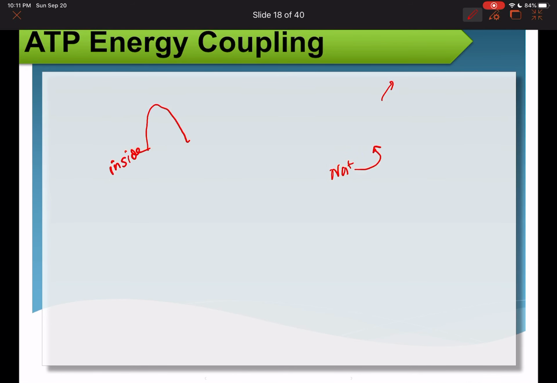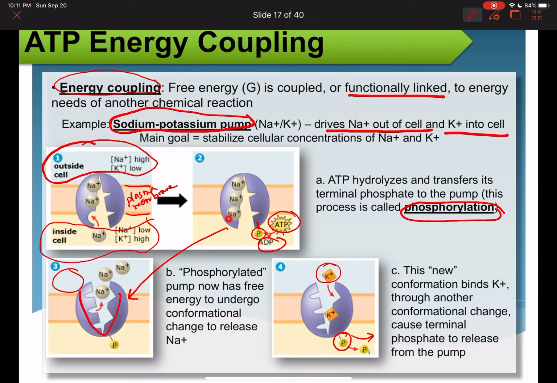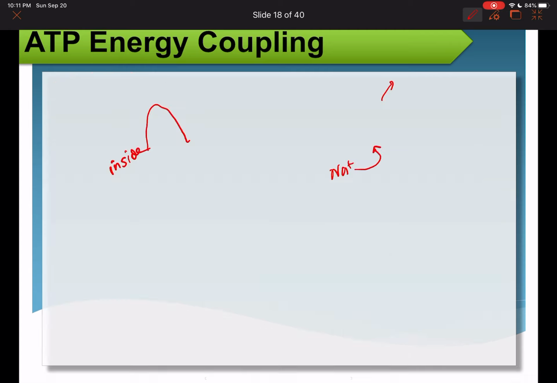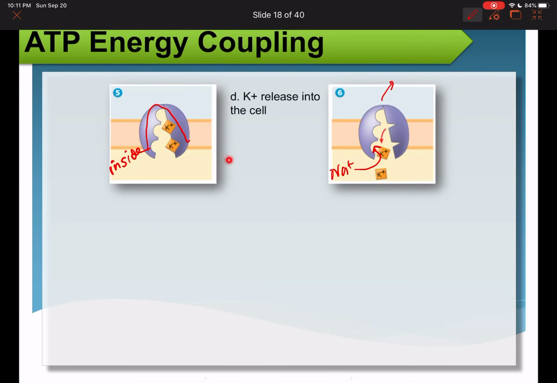So it continuously goes from open towards the inside to open towards the outside to dump sodium ions out of the cell, take potassium ions from outside of the cell and dump them to the inside of the cell. Again, the animated video I will show in a bit will have a clearer picture of what's going on here if you are confused.